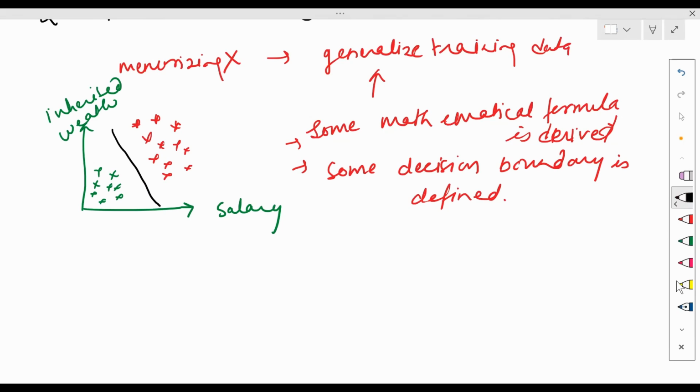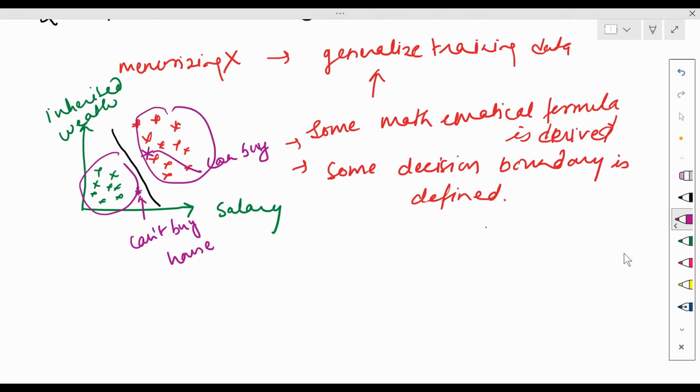So any point coming above this line will be considered as a person who can buy a house, while any point coming below this line will be considered as a person who can't buy the house. So now instead of learning and memorizing all these data points, the model just needs to keep track of this line, the decision boundary that is created. Predictions will be made on the basis of this decision boundary.